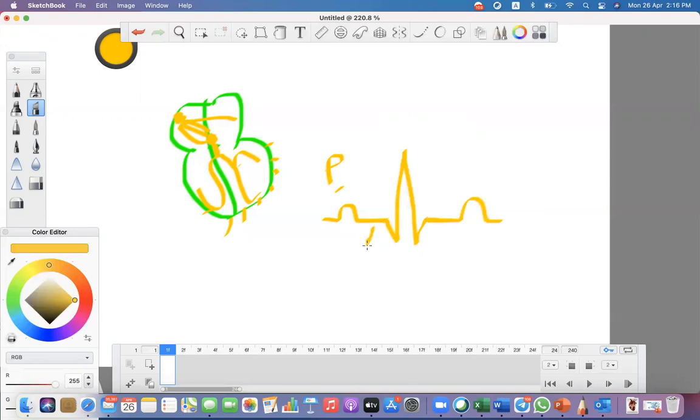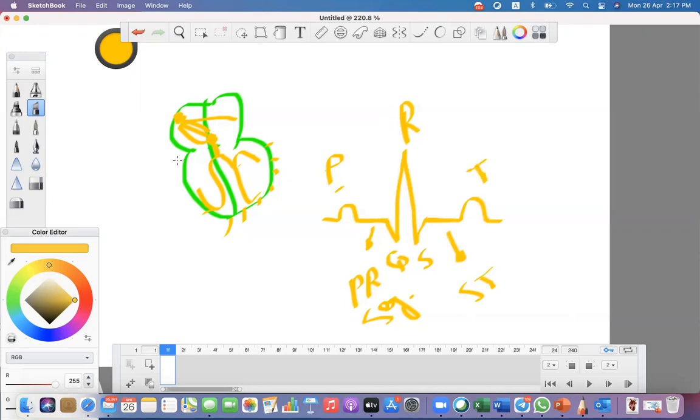This segment is called the PR segment. And this wave is called Q, R and S, QRS complex. This segment is called the ST segment. And this wave is called a T wave.